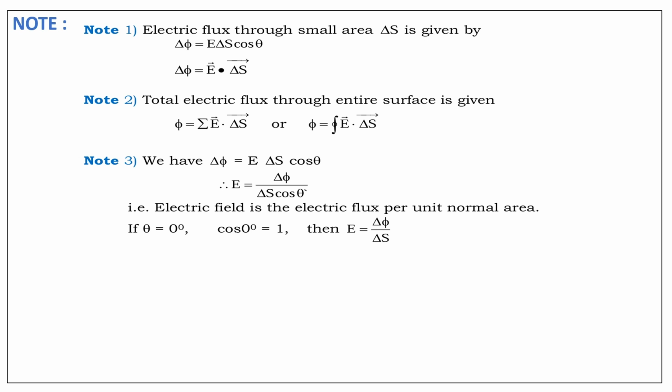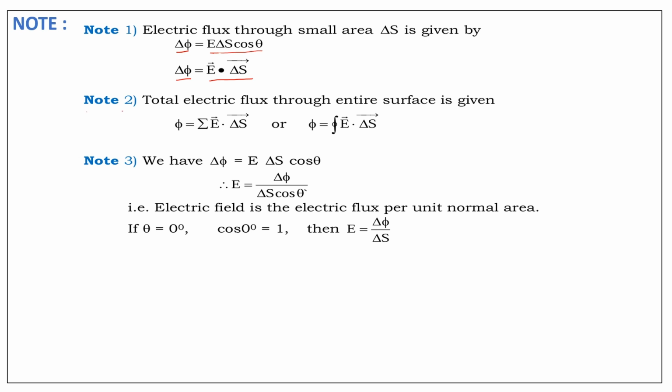Note 1. Electric flux through a small area delta S is given by delta phi is equal to E delta S cos theta, that is, delta phi is equal to vector E dot delta S. 2.